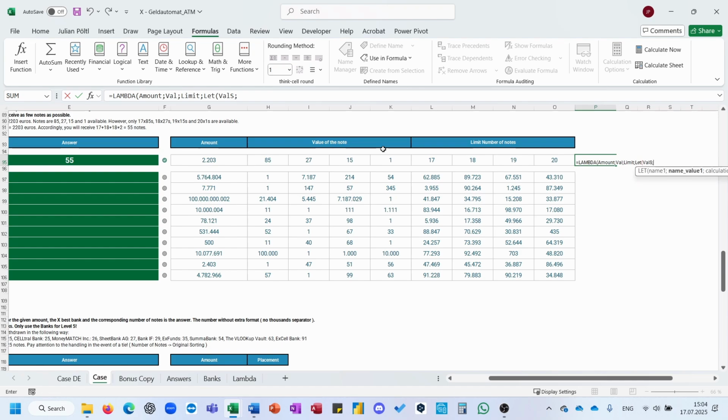So now I want to have the values sorted by column, and I want to have the limit sorted with SORTBY. I now need SORTBY because I need to sort the limits by the values, minus 1. So now I have my inputs ready.